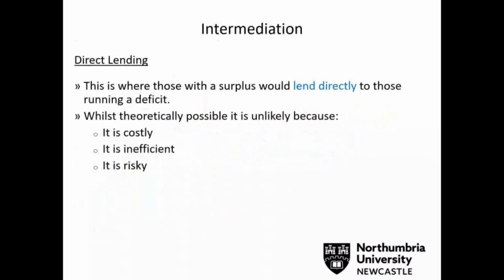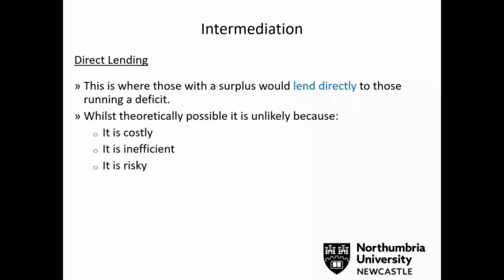I mentioned before why you wouldn't do direct lending. Number 1, it is costly, it's inefficient, and it's risky. Why is it costly? Because you have to do all the search costs. You have to seek out who has this money. You have to do all the research to say who needs the money. This could be a long, inefficient process. And riskiness is, if it's over the counter, is it regulated?